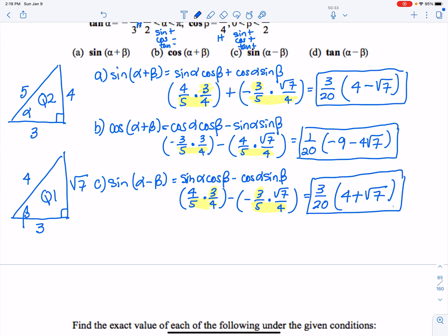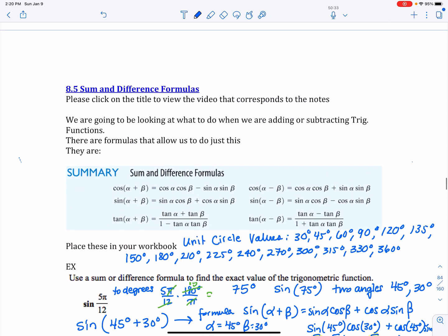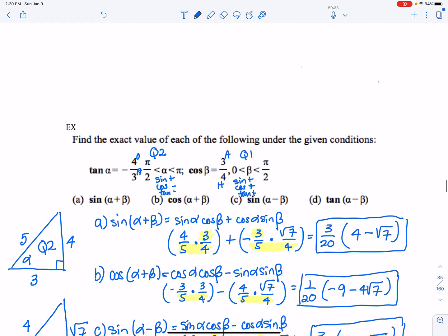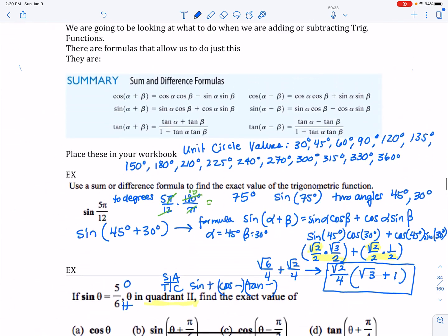Okay, so now I have part D left, which is tangent of alpha minus beta. Now I know this one's going to be a quotient. So if I look at the formula for this, I got to check really quick, minus. Okay, so we have the difference formula.